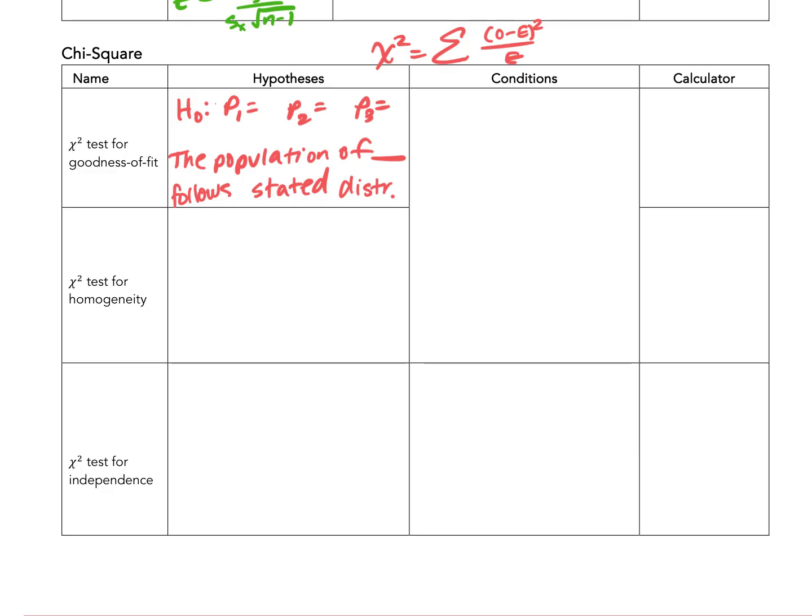All right, test for homogeneity. The distribution of, and I'm going to say blank, is the same across.